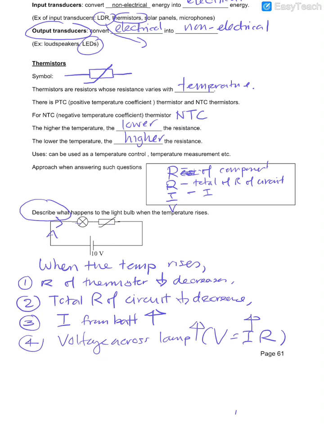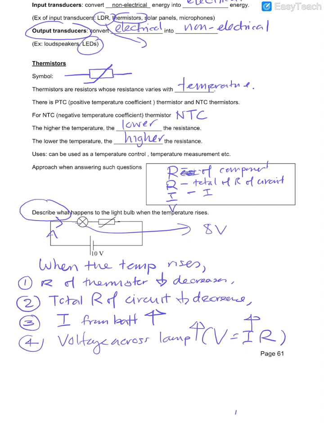Okay? So your lamp has a certain operational voltage. Let's say the operational voltage is 8 volts. If the temperature is low, the voltage across the lamp may only be 4 or 5 volts, and your lamp will not operate, right? But once it hits 8 volts, it will suddenly operate because it reached the operational voltage.